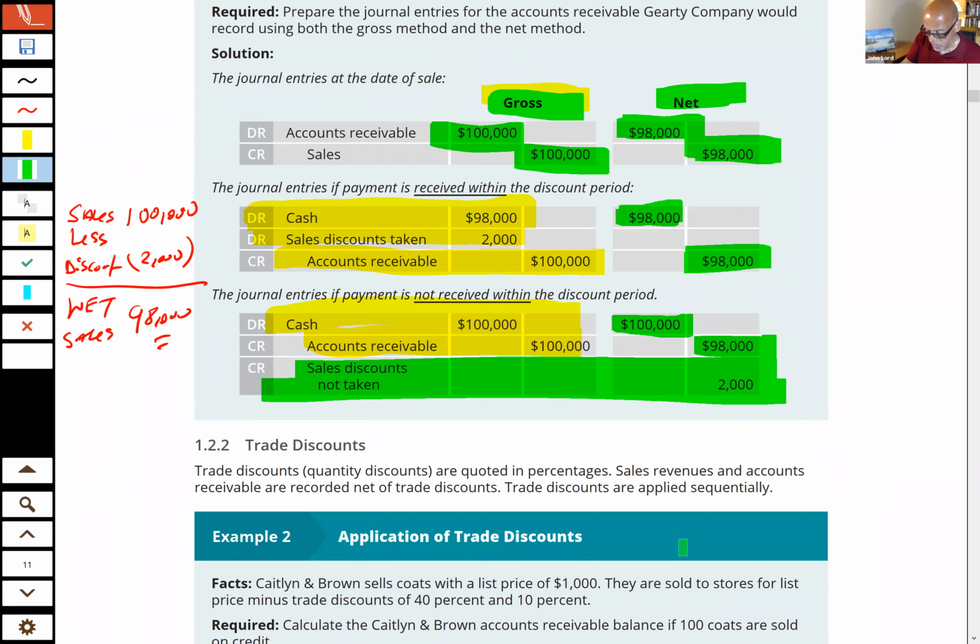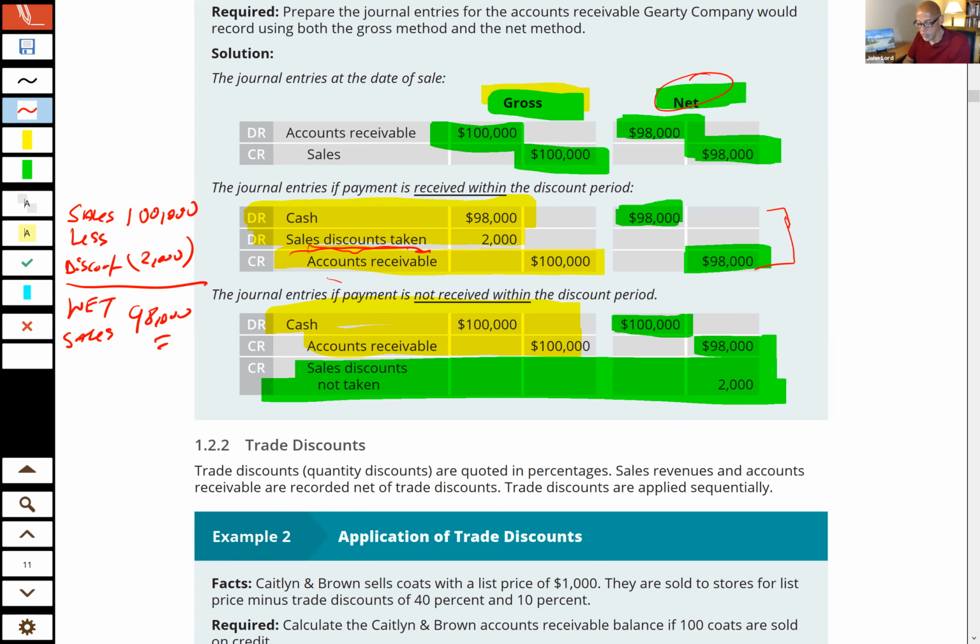Well, if I have a customer that takes the discount here, I would have sales discounts taken, right? I would do it this way because I'd want to know whether they're taking the discount or not myself. So I'm not really quite comfortable with this net method because I would agree with you.